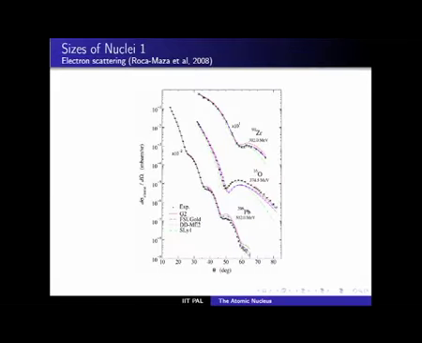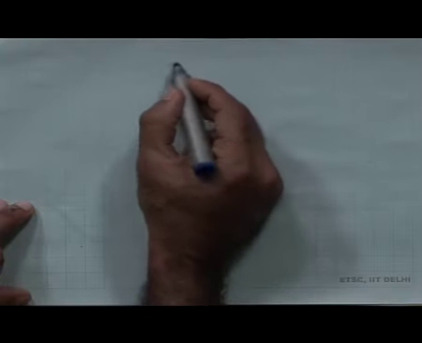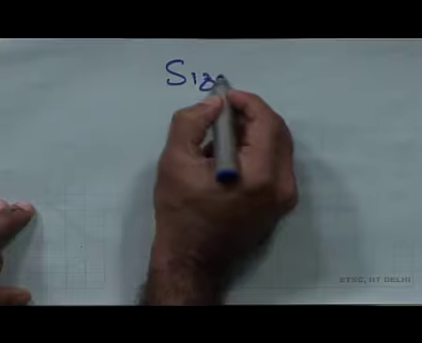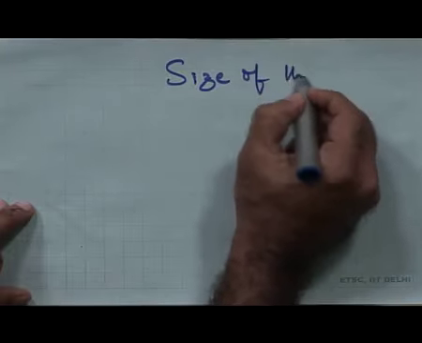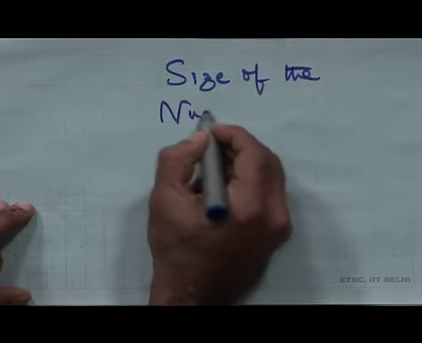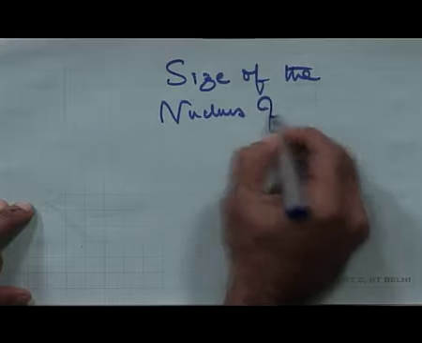Now comes the next question as to what the size of this nucleus is. Now, this is a very, very important question for us, on which I am going to spend quite some time. So, what we are interested in is the size of the nucleus of an atom.